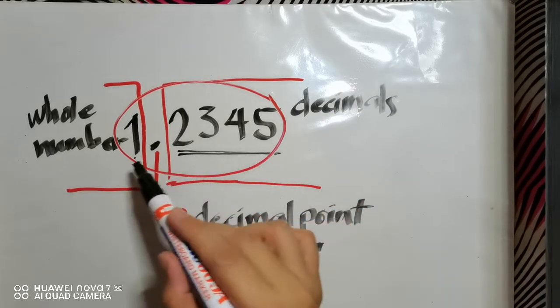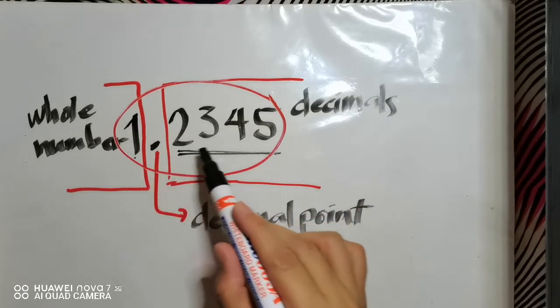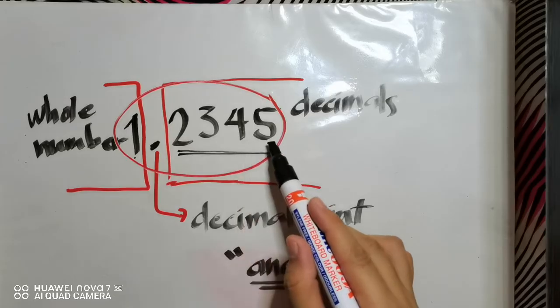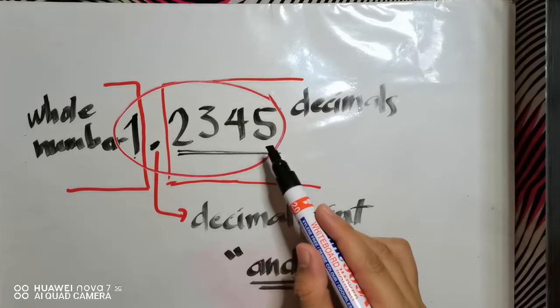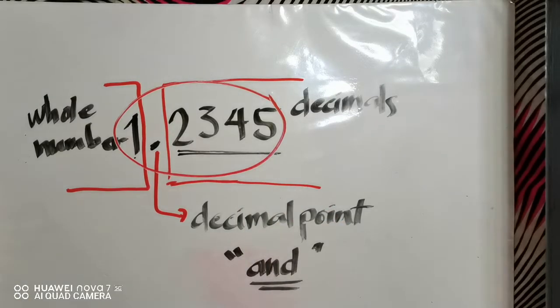Okay, so this is 1 and 2,345 10 thousandths.